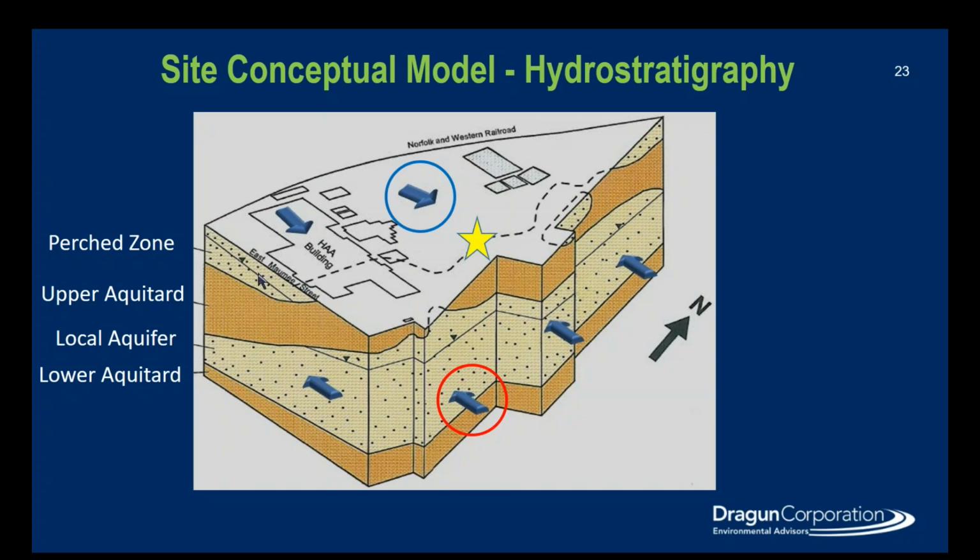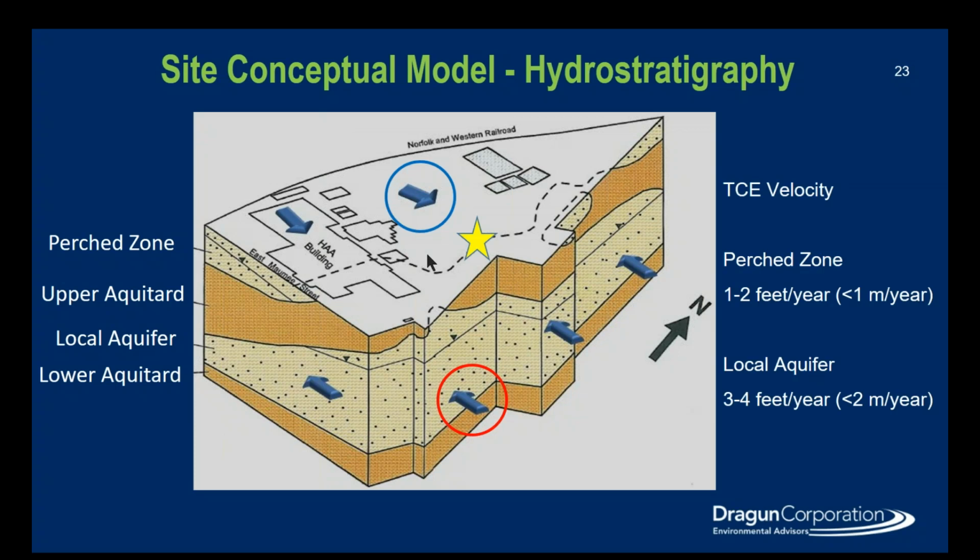They thought the perch zone and the local aquifer were together, and what happened was they got a groundwater flow direction from west to east with a very high hydraulic gradient, or slope, which they said moved the TCE towards the subdivision.